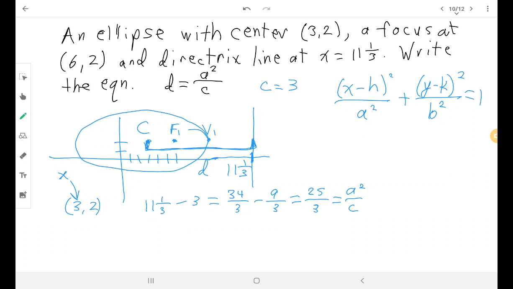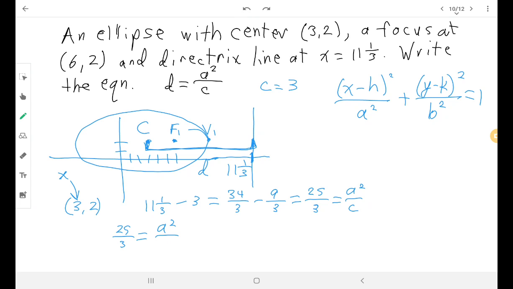I could have also set it up as an equation and said, well, my c is 3, and the reason I don't have to do that isn't because it's reduced. I'm sorry, it's because I already know that c is 3, right? So that sets up nicely for me. But I could have said 25 over 3 equals d, and that equals a squared over c.